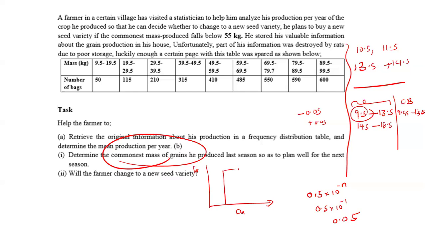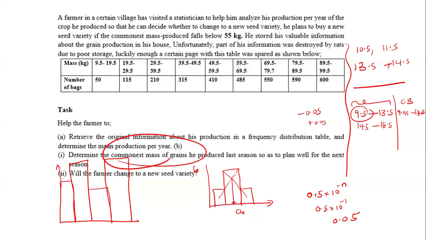Then when you are estimating, look out for the highest bar, come here, estimate. God forbid you find that in the bars you have drawn, let me say you have this. Are you seeing this?